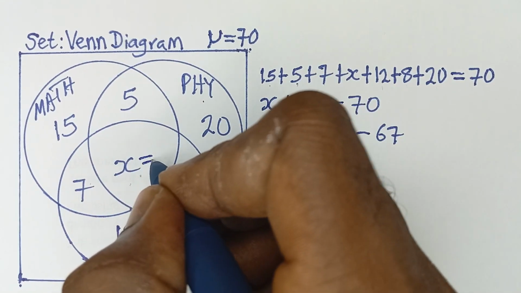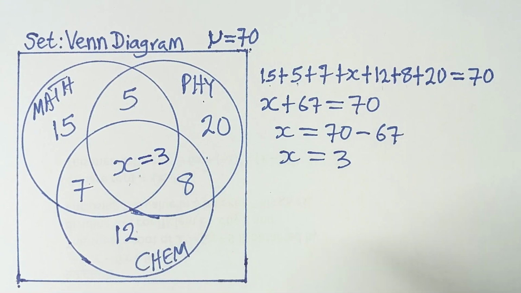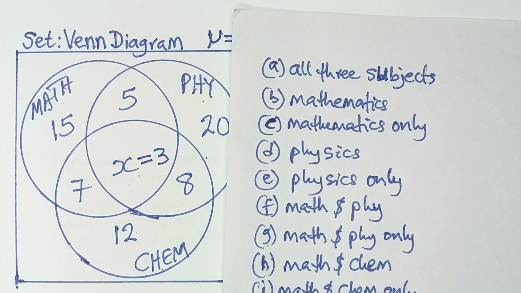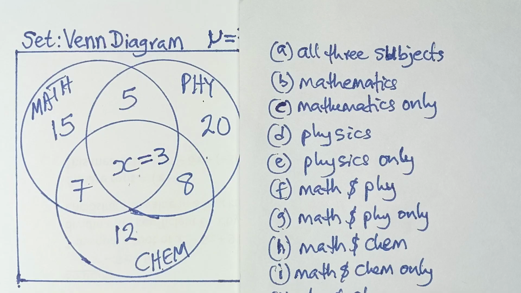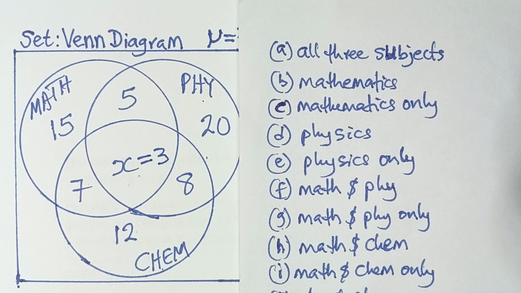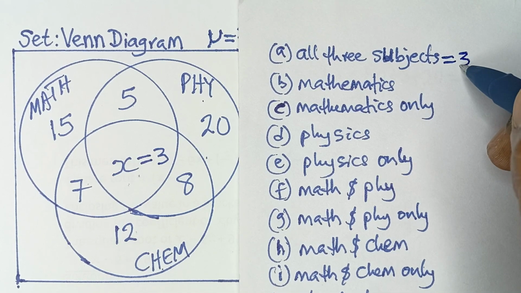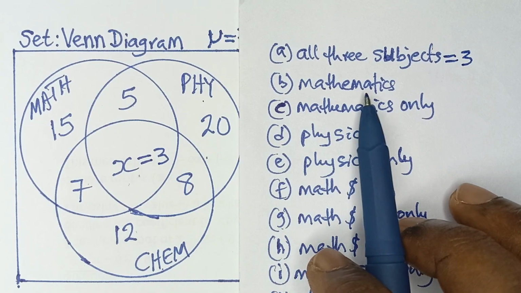I can simply write x equals 3 here in this Venn diagram, so that the other questions become easy for us to solve. Now let me write the questions here and bring them here for us to see. The first question, the number of students that offered all three subjects, we have obtained already as 3. And the second question says we find the number of students that offered mathematics.